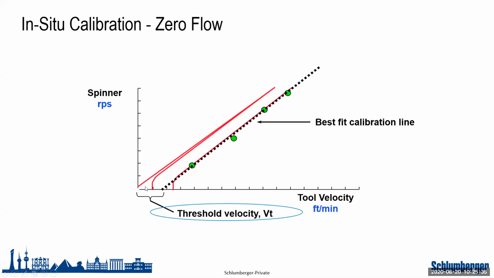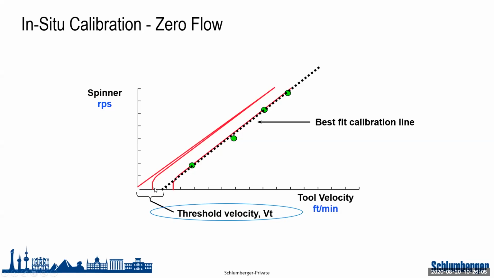Now, in reality, okay, if we had an instrument that doesn't suffer from friction, our line should start from 0, but in reality, the spinner is a mechanical instrument that will suffer from friction. The spinner will not start to rotate immediately. It will rotate when exposed to a certain amount of flow or velocity of the cable.